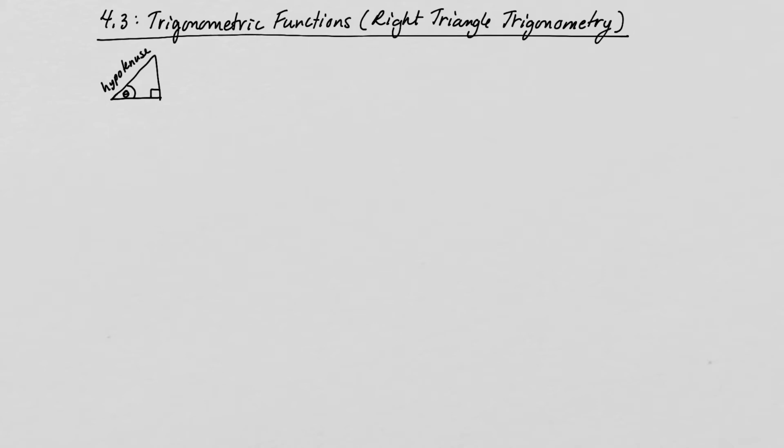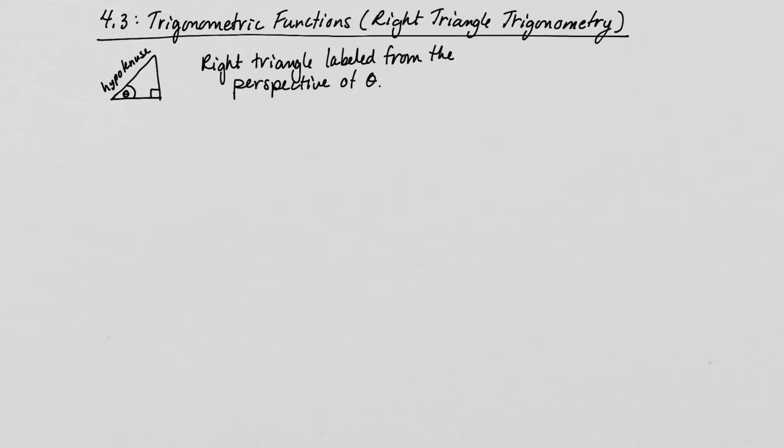And then we're interested in labeling the other sides, but we're labeling them from the perspective of theta. So this is a right triangle labeled from the perspective of theta.